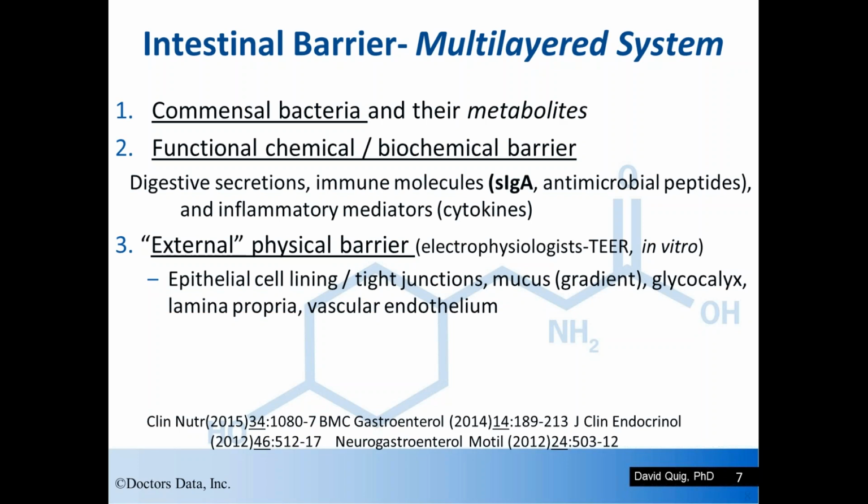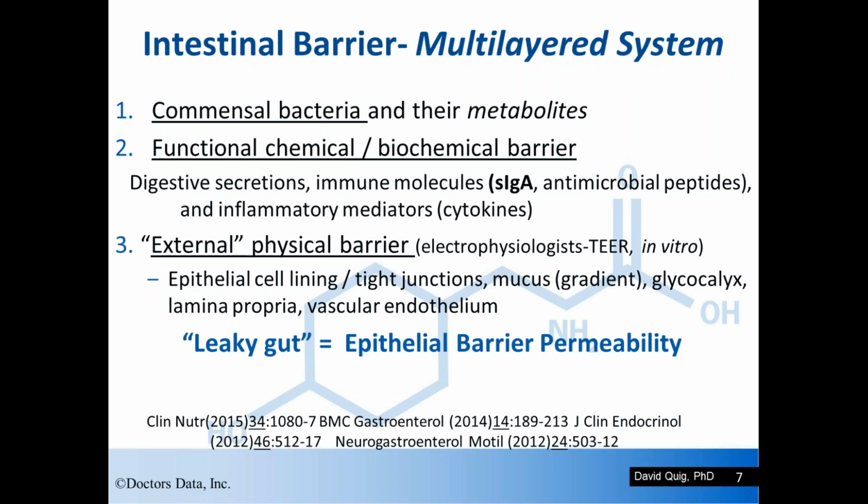So we have the final physical barrier being the epithelial cell lining with its associated tight junctions. But very importantly, above that we have a critical mucus gradient as well as the glycocalyx, and then underlying the physical barrier we have the lamina propria containing the immune system of the gut, as well as the vascular endothelium.